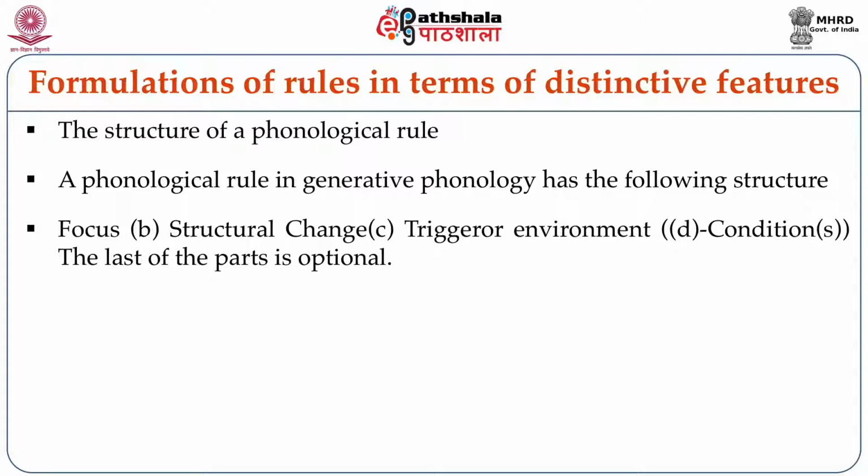And then the context in which these sounds occur, which is called the trigger. So every phonological rule which is normal, naturally working in a language, which is a context-sensitive rule, must have these three parts to it: a focus, the change, and context or trigger.